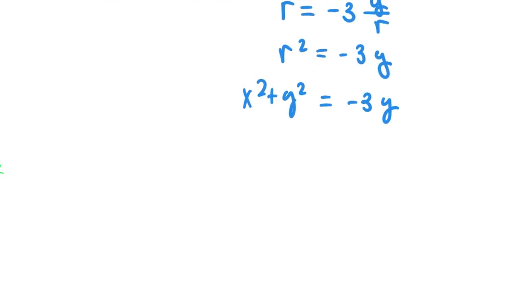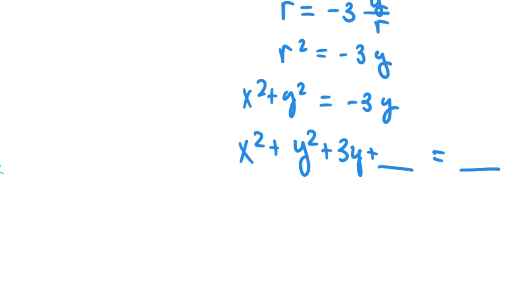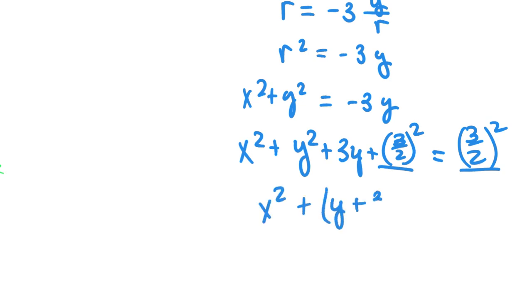So x squared plus y squared plus 3y plus something to complete the square, 3 over 2 squared. What we do on one side, we've got to do the other side. So x squared plus (y plus 3/2) squared equals 9/4.